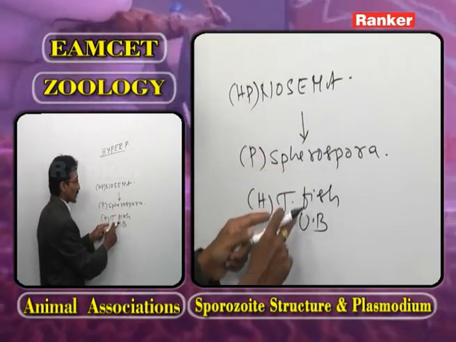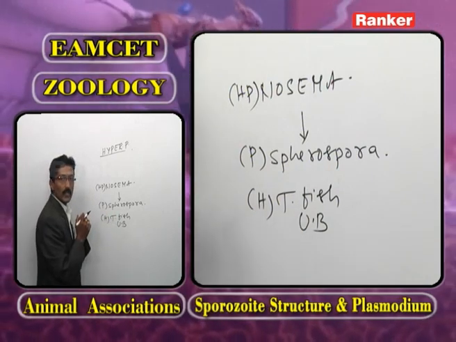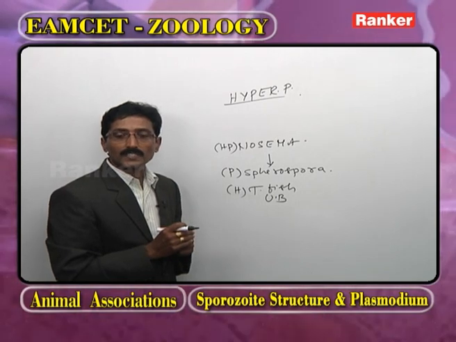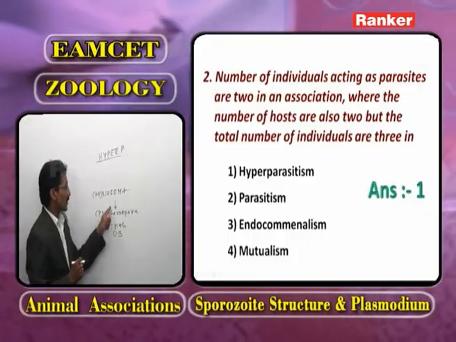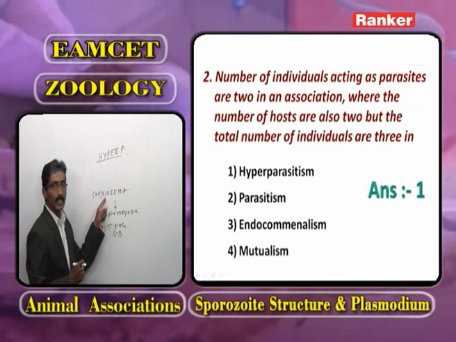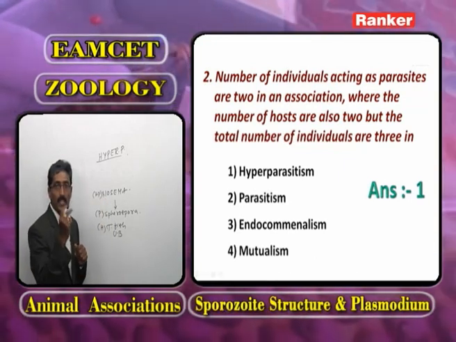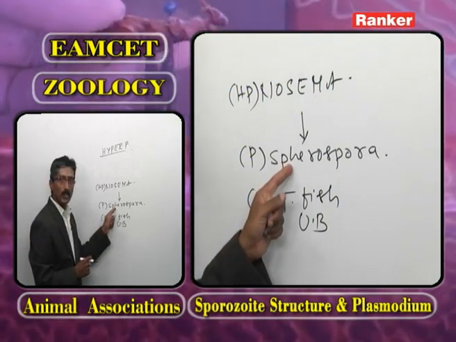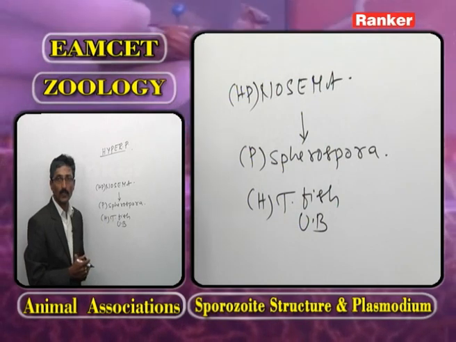What is the host of Spirospora? The toadfish. So regarding this question, the individuals acting as parasites are Spirospora and Nosema, one parasite and one hyperparasite. Their number is 2. The number of hosts is 2: one is Spirospora, the second is the toadfish.